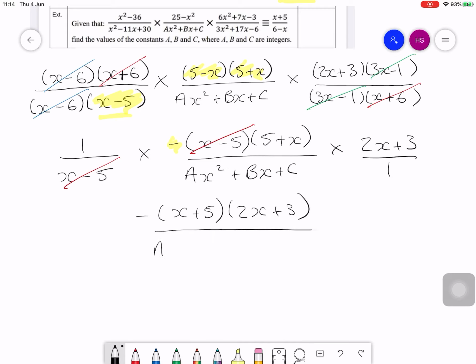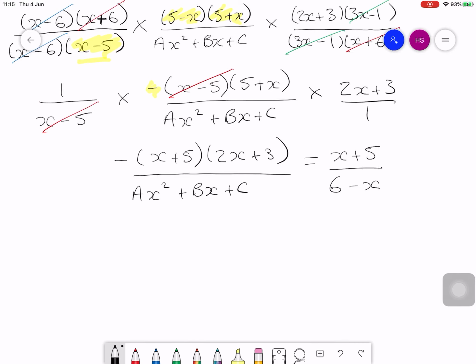And that is all over ax squared plus bx plus c. And if I go back to the original question, they told me that should equal x plus 5 over 6 minus x.